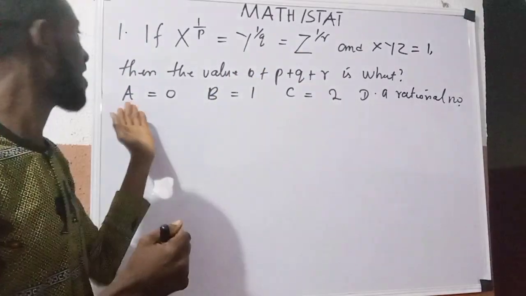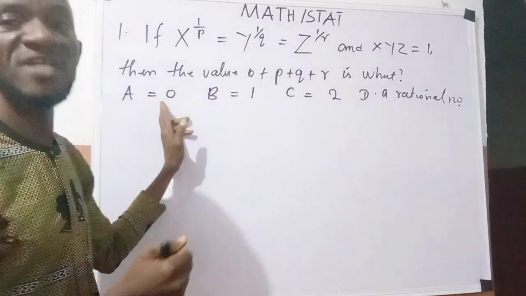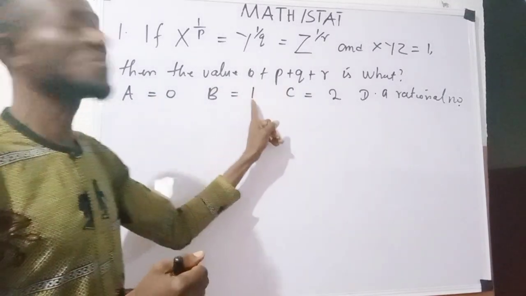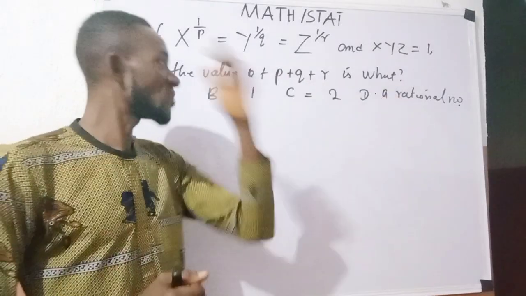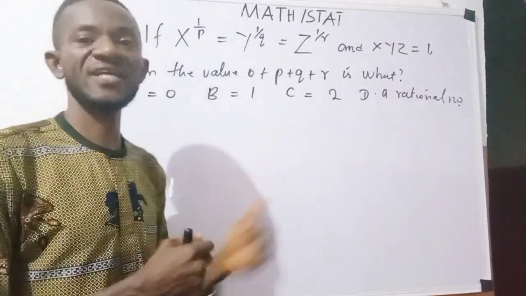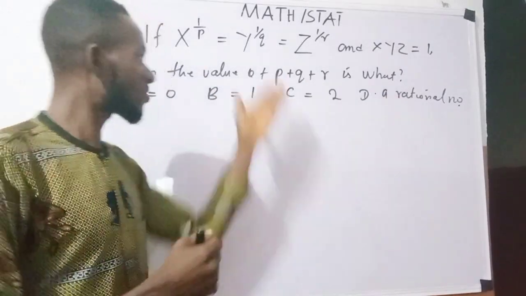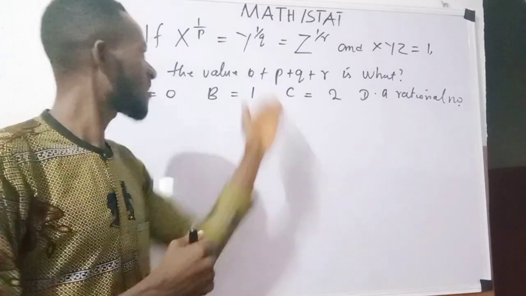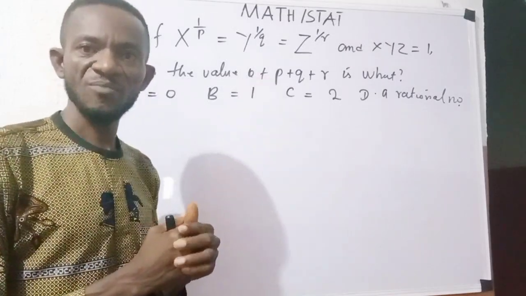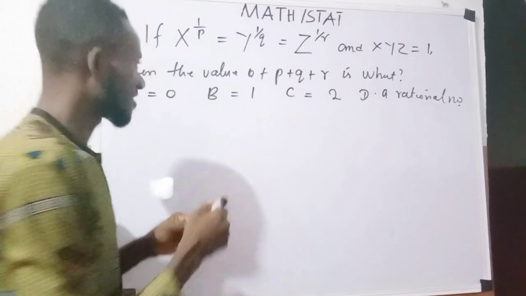Option A says 0, option B says 1, option C says 2, and option D says a rational number. So let us now solve together to see what becomes the value of p plus q plus r. So stay tuned.